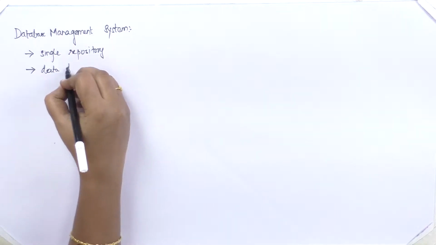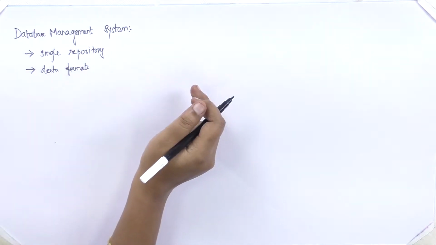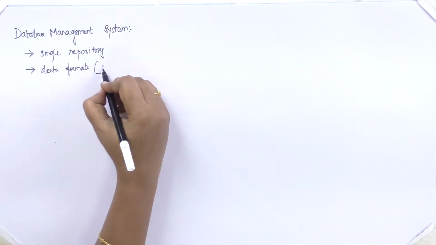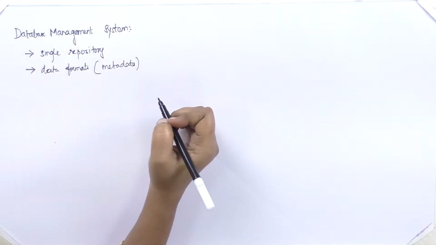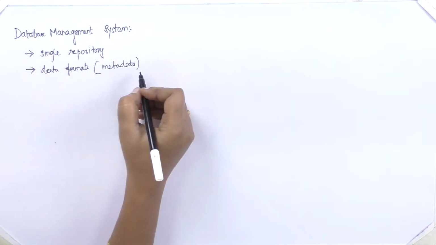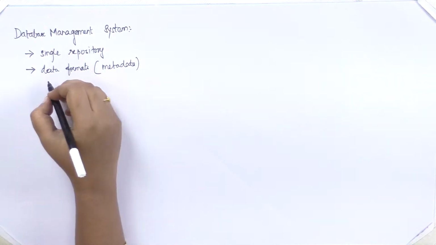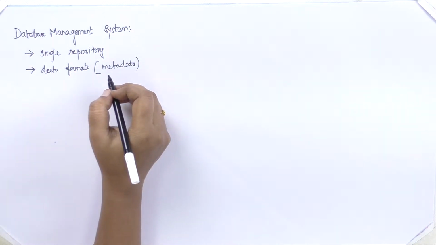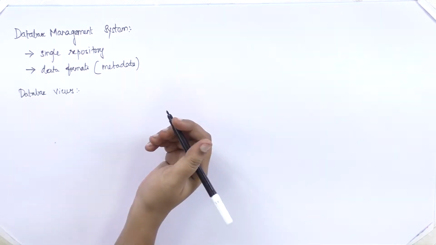So you have some information about the formats of the data you have stored in your database management system. These data formats are called metadata. So every database management system will have the information about metadata. This metadata gives the information about the format of data you have stored in your database management system.